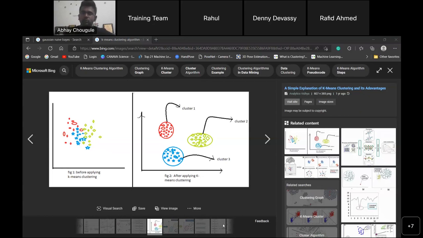If you say K equal to 3, it will create 3 clusters. Just clusters, no big deal here. Are you getting what I'm trying to say? You are creating your Y prediction column.